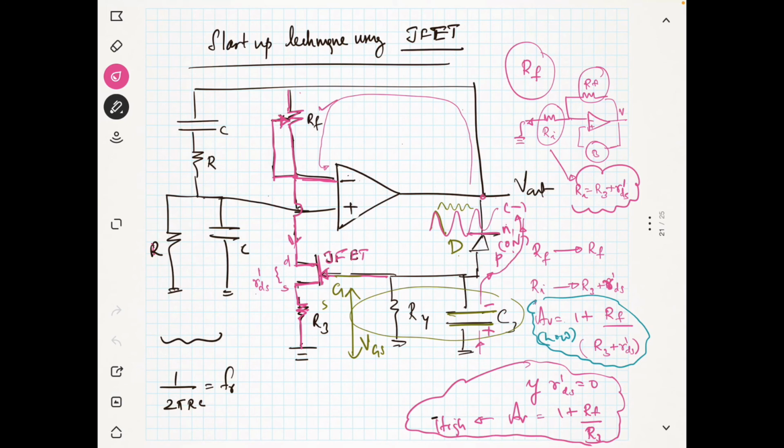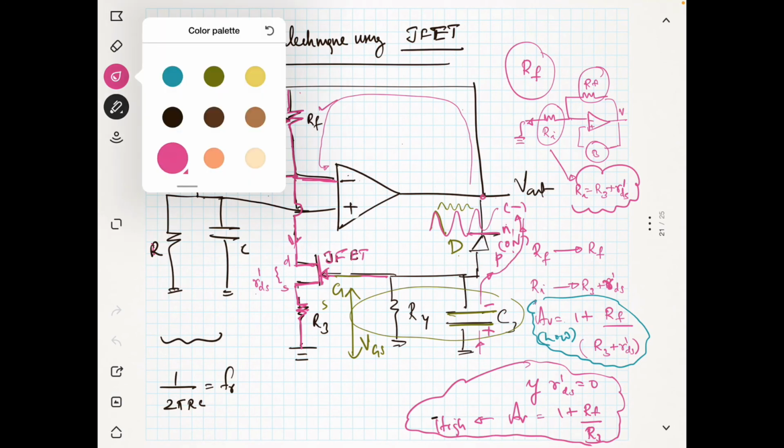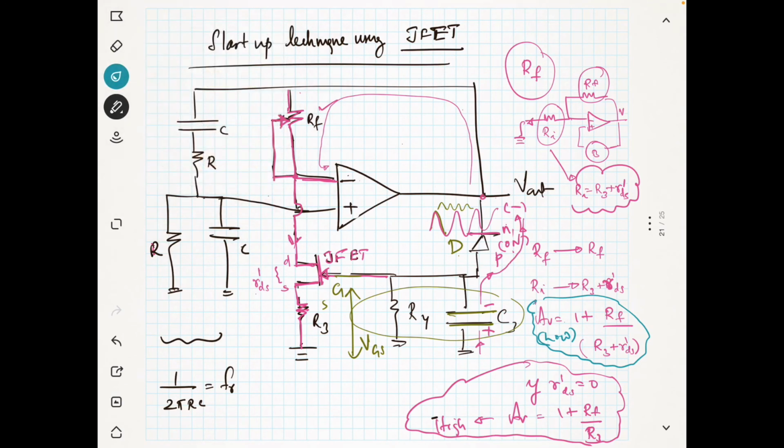So initially the voltage across the capacitor was 0. Then the JFET has VGS approximately 0. When VGS is 0, R dash ds is also minimum, approximately 0, because the current will be maximum.